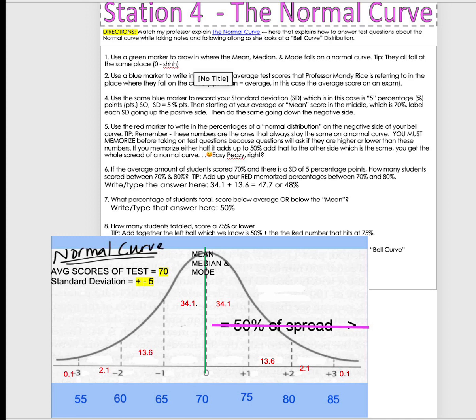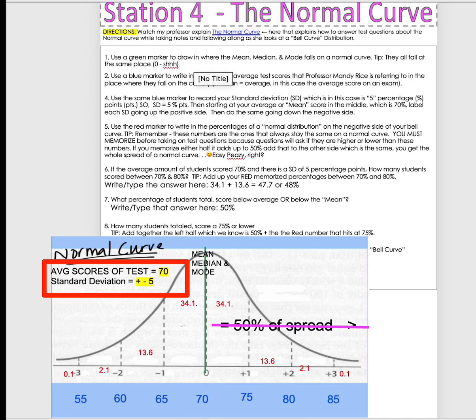Okay? Next up we need to now mark down the scores of this particular scenario, which the mean, the average of the class was 70 plus or minus 5. So we're going to put 70 right here in the center at the average, the mean, which falls in the center.